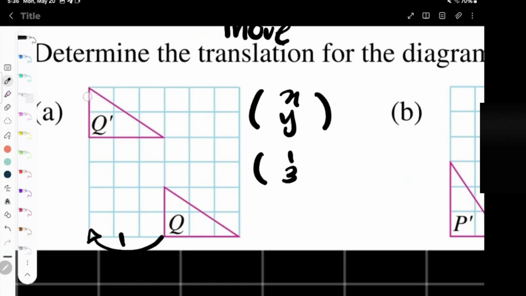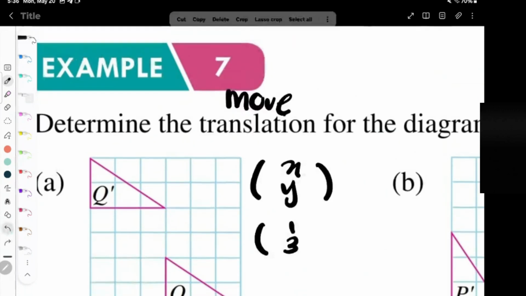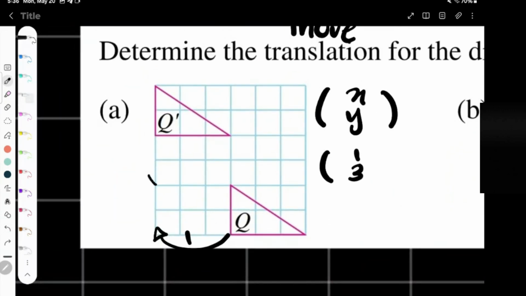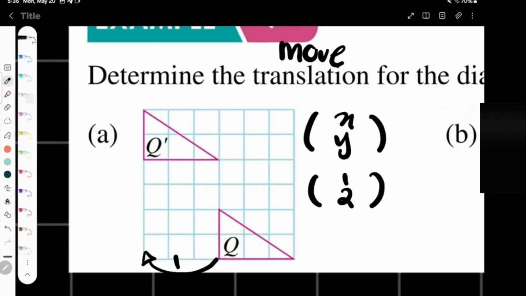Sorry, I forgot. So one. Oh my god. Sorry. Okay. One, two. Yeah, it should be two, not three. Sorry. Two. Okay. Bracket close.